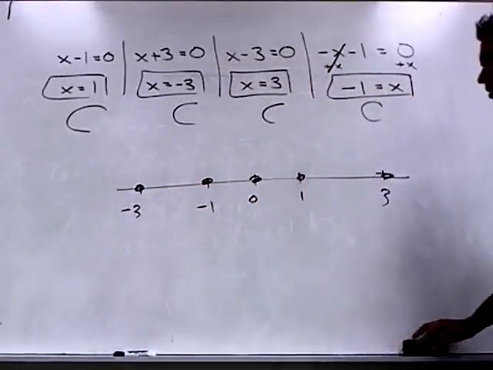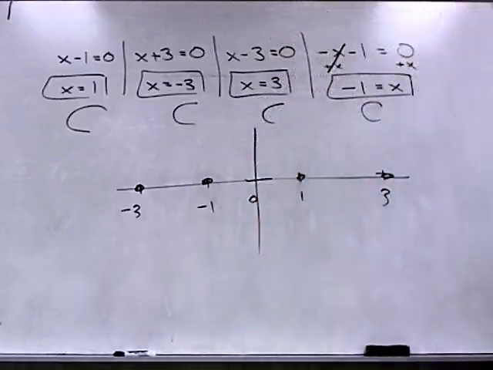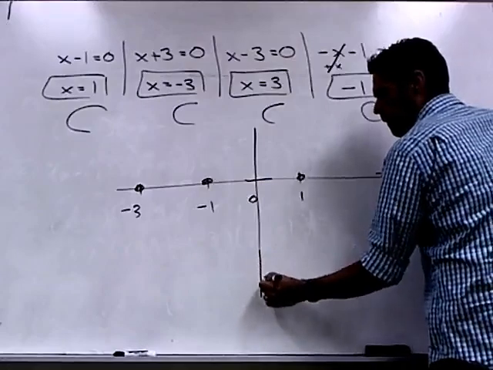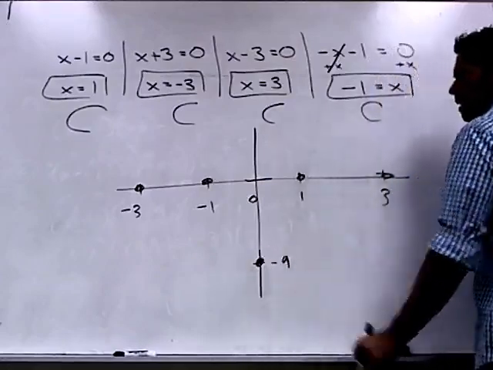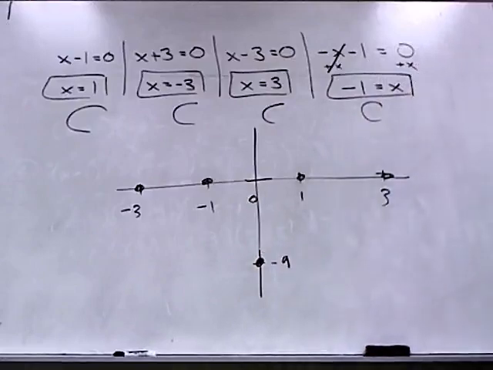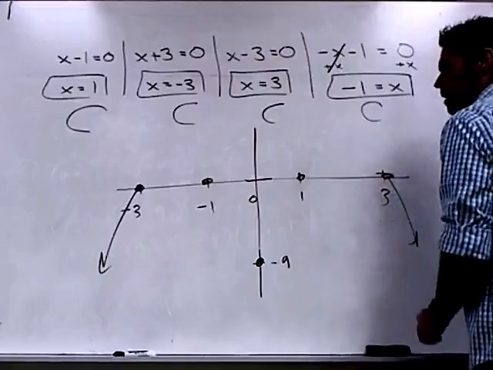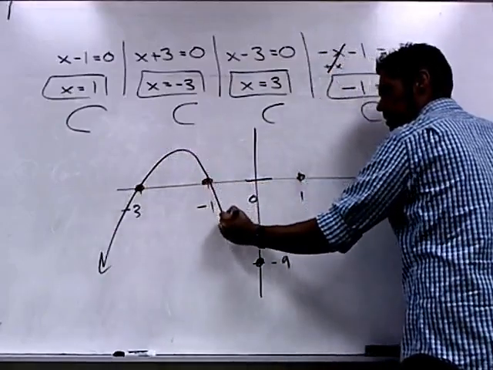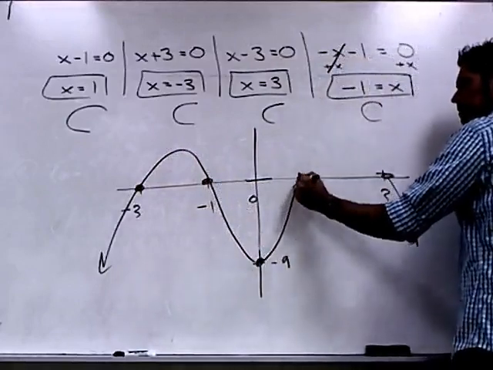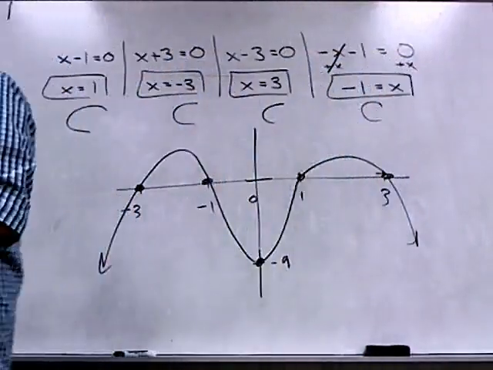Wait, not at 0. Y-intercept, what is it? Negative 9. And then it was down, down, right? Down, down. And I should cross everywhere. So I cross, I come up, I got to go back down, come back up, come back up. Like a bird.